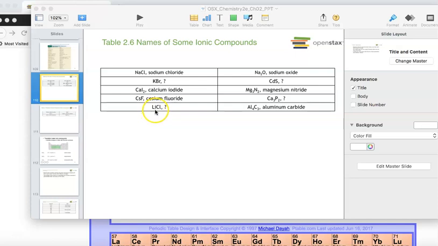Li is lithium. Cl is chlorine. Chlorine becomes chloride, so LiCl would be lithium chloride. Na2O. Na is sodium. O is oxygen. Oxygen becomes oxide, so the name would be sodium oxide.